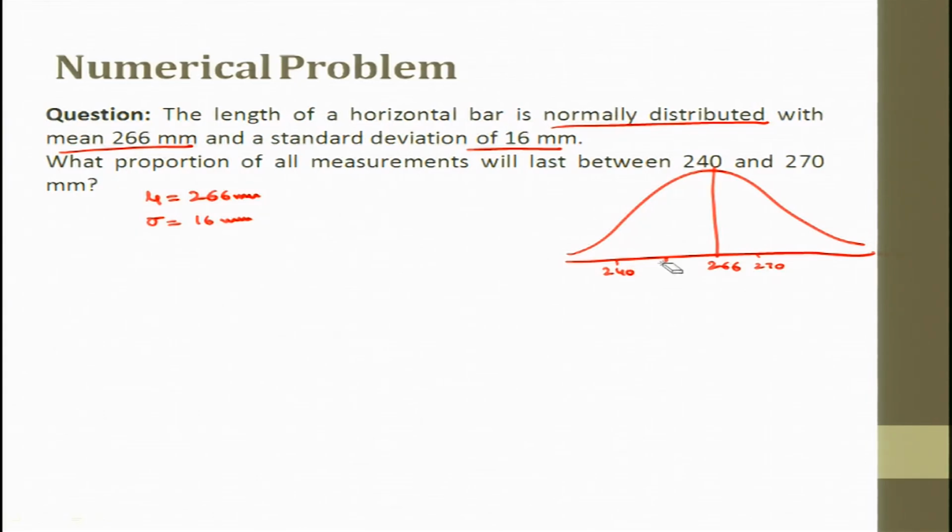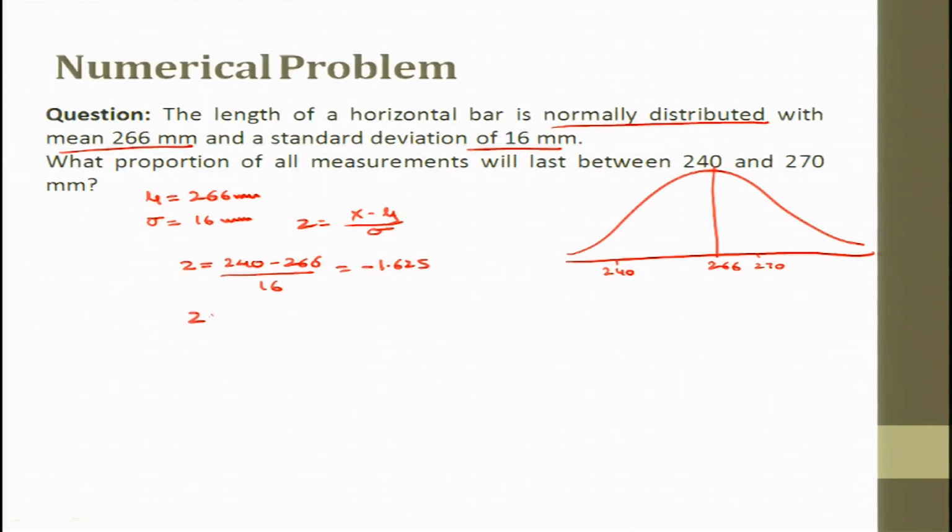Okay. Now, again the value of normal deviate z is equal to 240 minus 266. I am using the same formula, z is equal to x minus mu by sigma, by 16, which is equal to minus 1.625, the value of normal deviate.